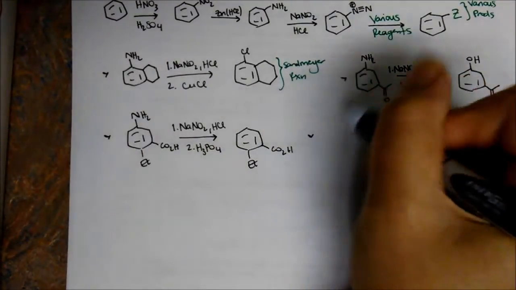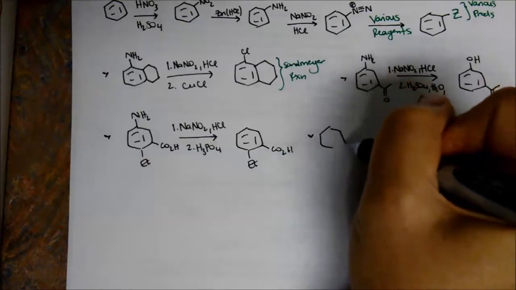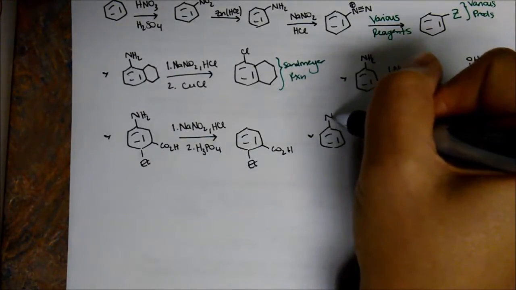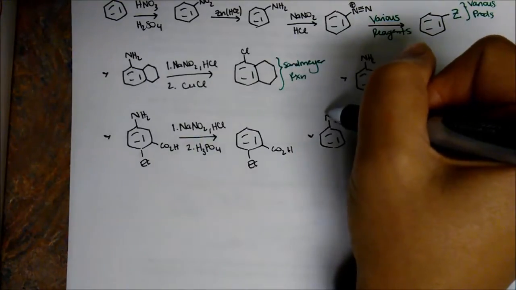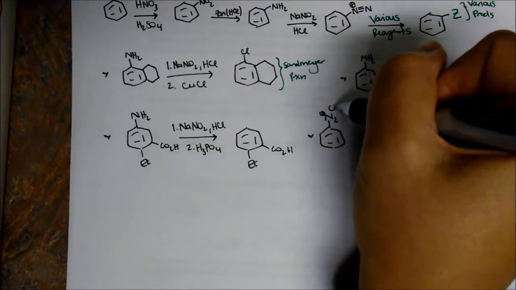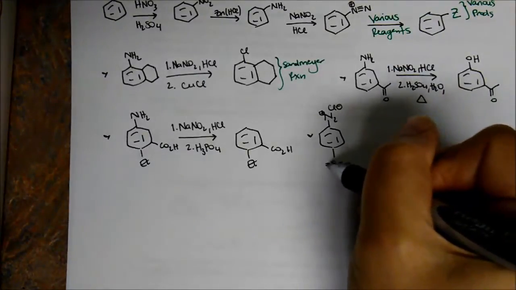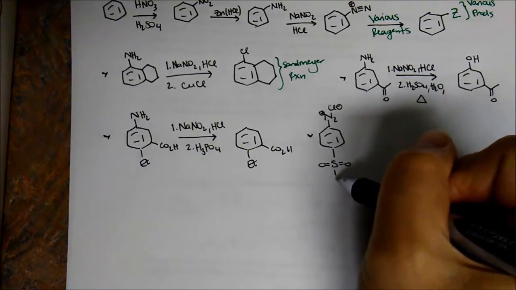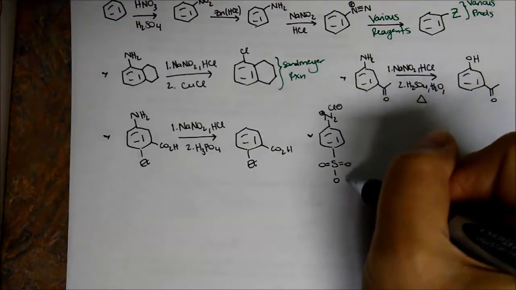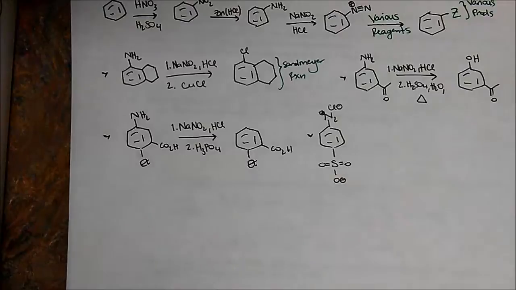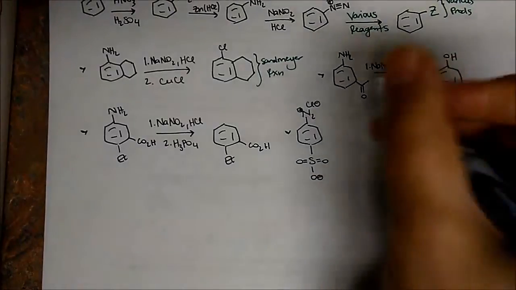Oh, and here's one of those coupling reactions I just mentioned. So let's say we have our arenediazonium salt already made, plus charge with our Cl minus. So I've already made it from the amine. And let's say I have this compound. This is SO3 minus. It's a stable functional group.